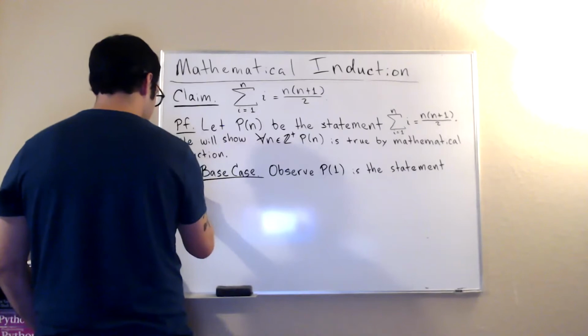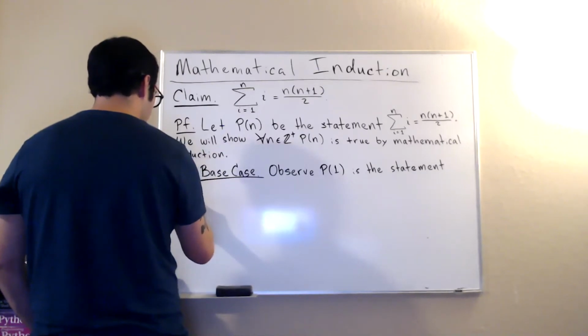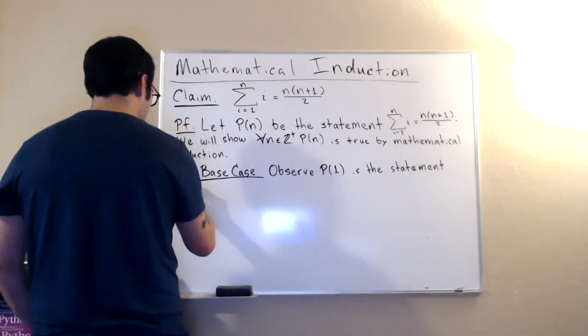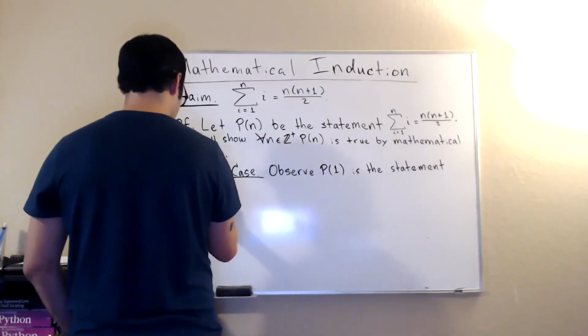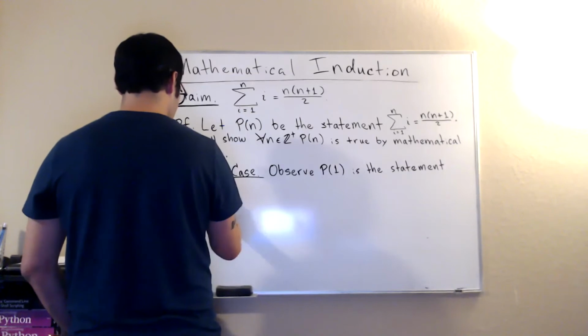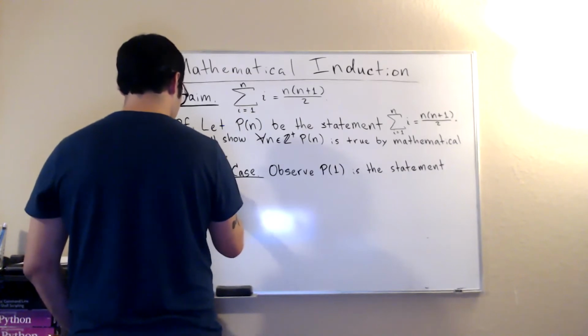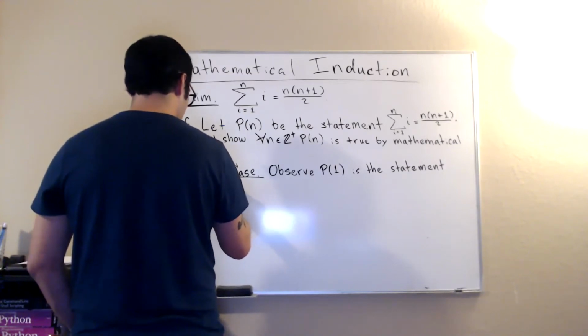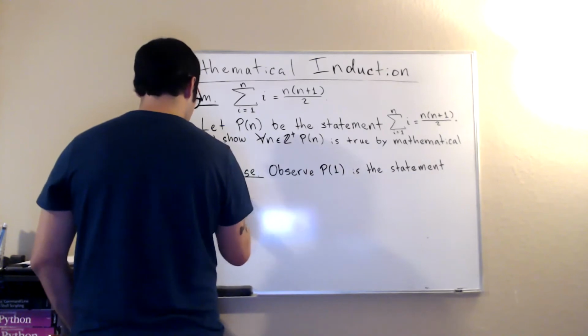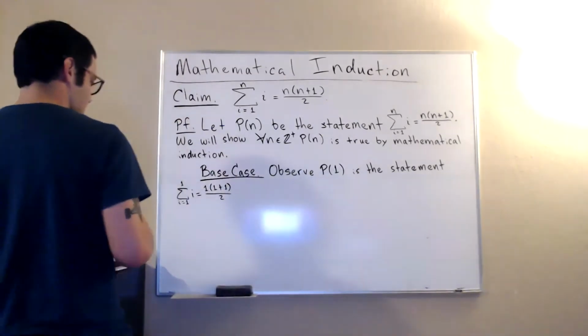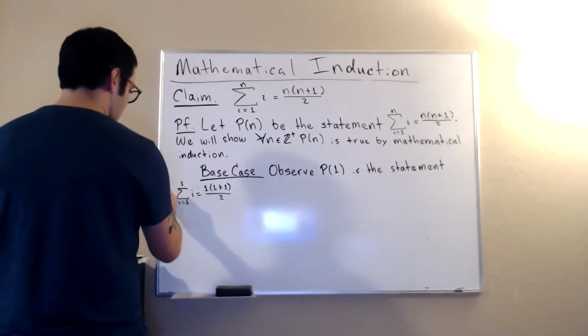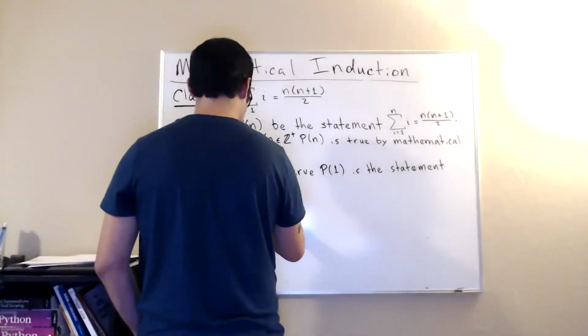The sum of i equals 1 to 1 of i is equal to 1 times 1 plus 1 over 2 is true.